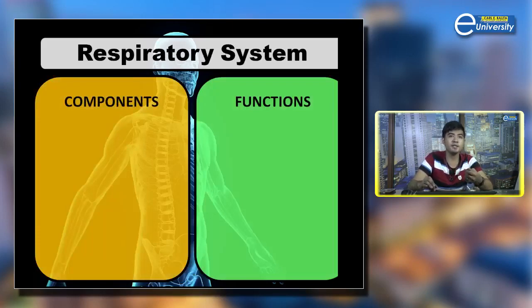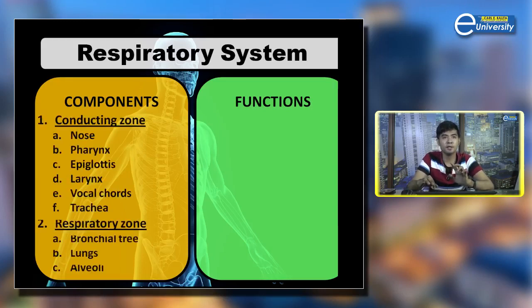So we're going to proceed now with the respiratory system, which is responsible for providing the oxygen which is needed for the body metabolism and other functions. So the respiratory system is made up of the conducting zone and the respiratory zone. The conducting zone is composed of the nose, the pharynx, the larynx, the vocal cords, and the trachea.